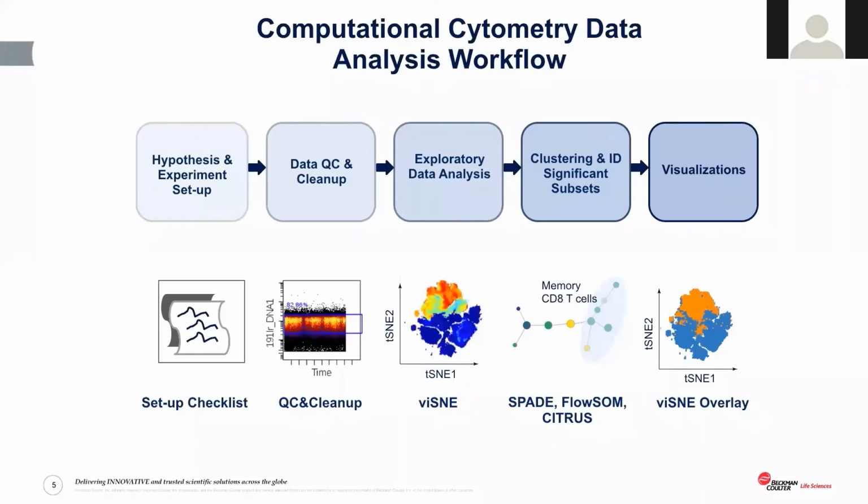Before the data acquisition, we think about our hypothesis, what kind of data need to be acquired to support that. Considerations include the number of samples for statistical power, the number of events for rare population, biological and instrumental controls needed, especially to minimize the batch effect.